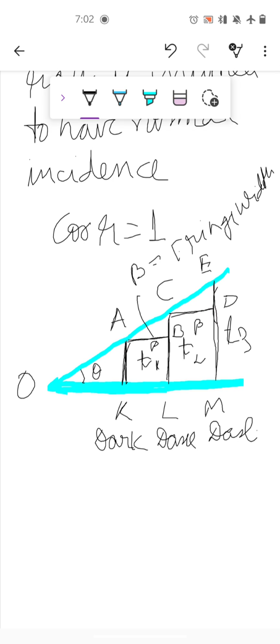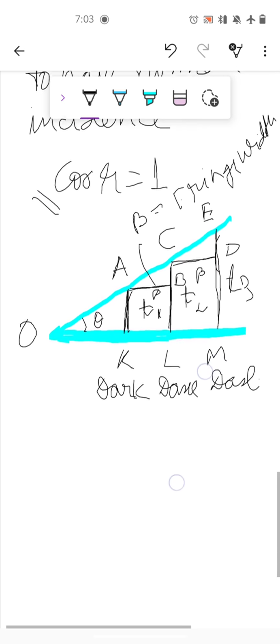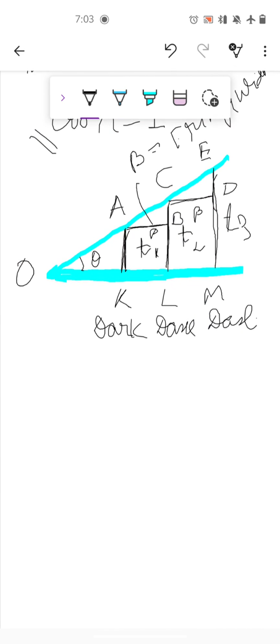How will we do that? We know that the condition for normal incidence is that cos r will be 1. So now, at a thickness T1 at point A, if we have to calculate the condition of interference, we get 2 mu T1 is equal to m lambda.